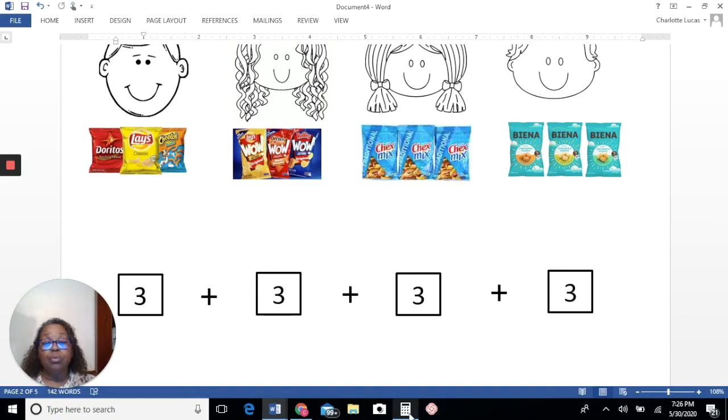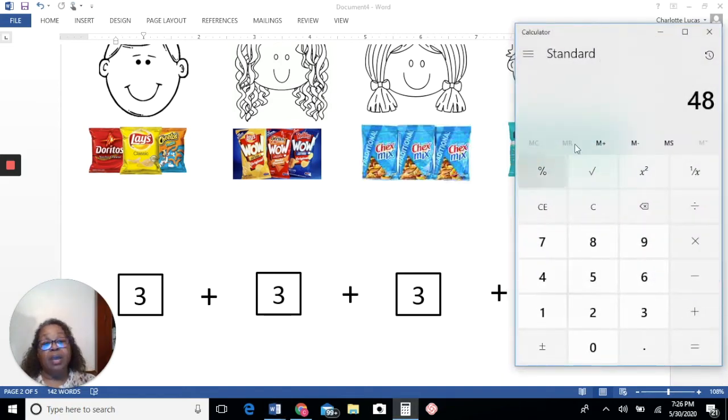Let's see if we can do that on our calculator. First of all, let's clear it out because there's a number on the screen. Always clear first. And if we added 3, 1 time, 3, 2 times, 3, 3 times, 3, 4 times, it will equal 12.